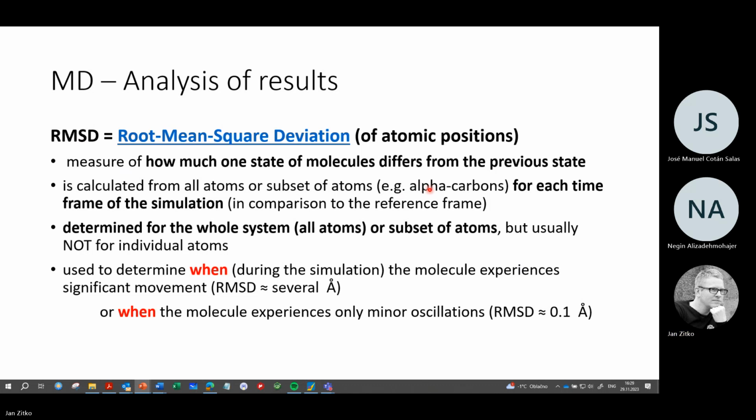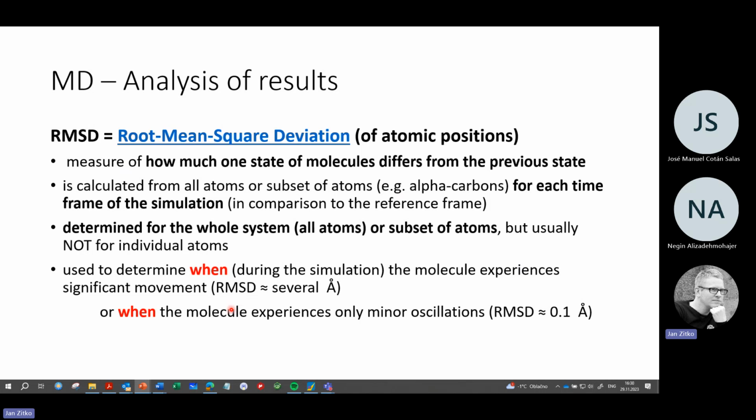So the RMSD parameter tells us, when we just look at the graphs, when something is happening. When, that's the important word which you should remember. If the value of RMSD in a certain time frame is low, it means nothing is happening.